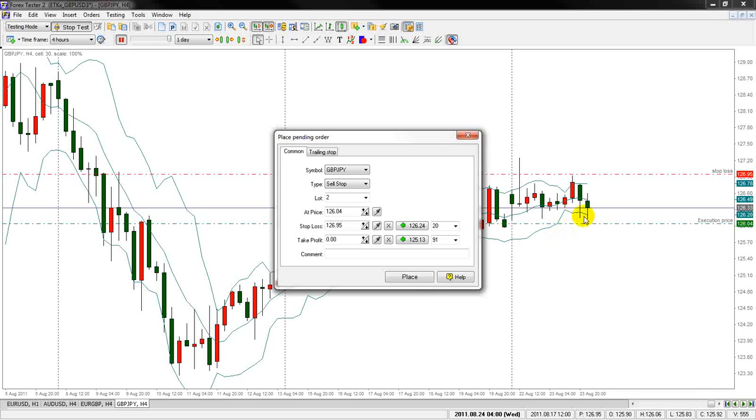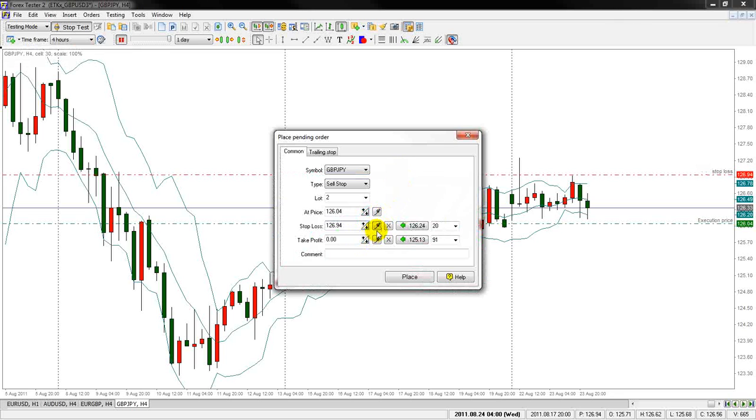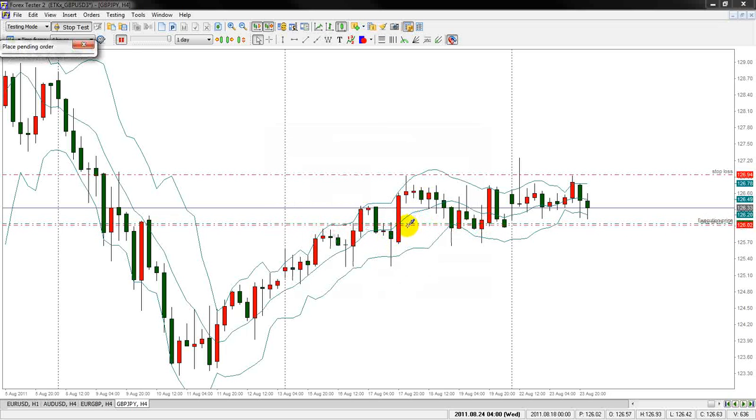On this one, I've got my stop loss 90 pips away. It says right there on the thing. So I'm risking 90 pips. And I'm going to try and take profit down here at 180 pips away.